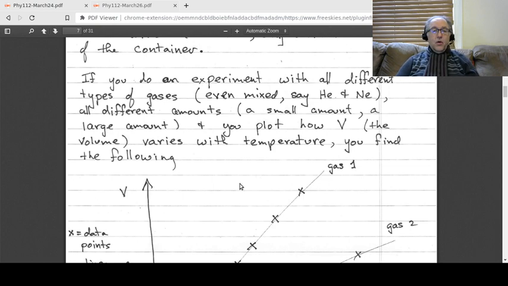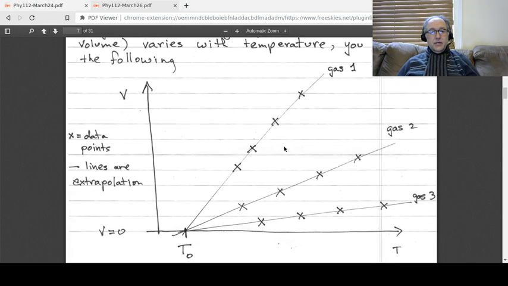But you can do these experiments, and the experiments are basically you apply a certain amount of pressure to a gas and you keep the pressure the same, and you add heat to the gas, or you take heat away from the gas, and the gas will expand and contract depending on what the temperature of the gas is. You can plot the volume of the gas versus temperature, and you get a plot something like this.